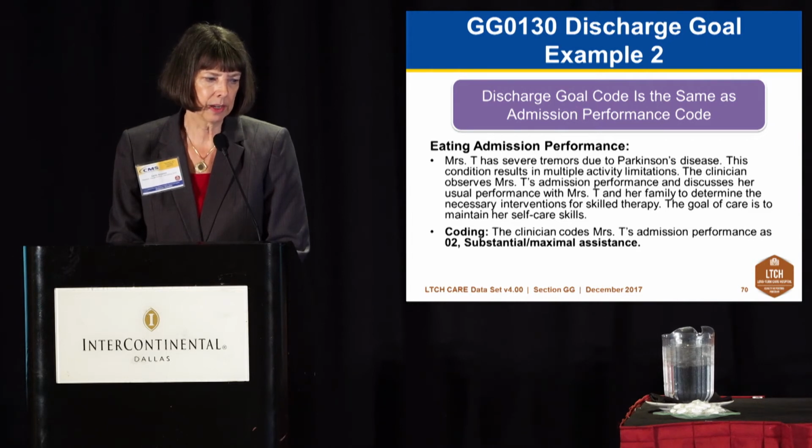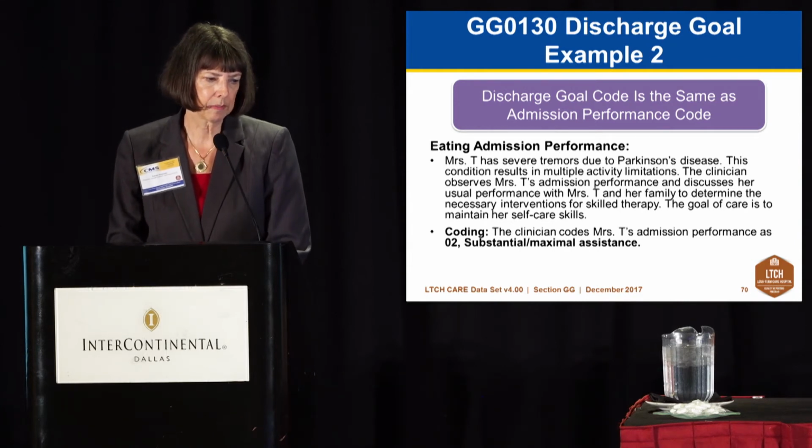In this scenario, Mrs. T had severe tremors due to Parkinson's disease. This condition resulted in multiple activity limitations. The clinician observes Mrs. T's admission performance and discusses her usual performance with Mrs. T and her family to determine the necessary interventions for skilled therapy. The goal of care is to maintain her self-care skills.